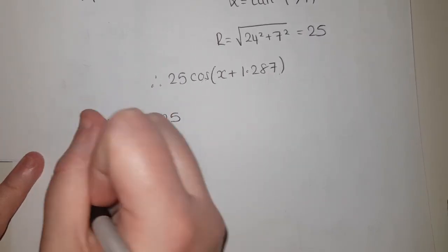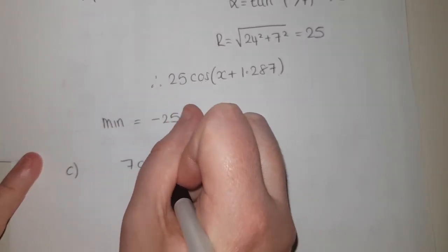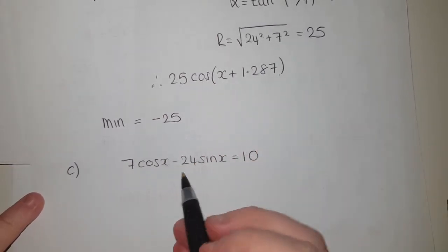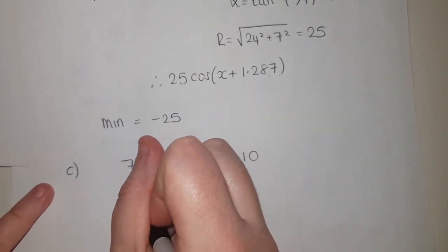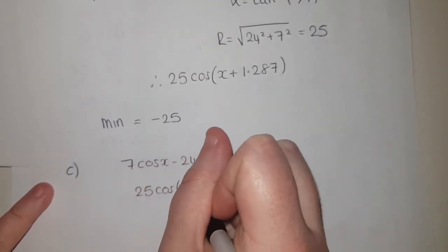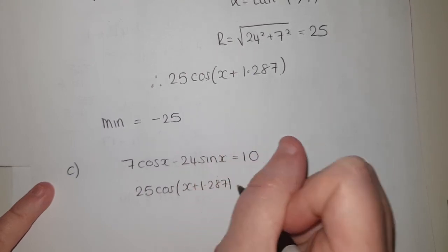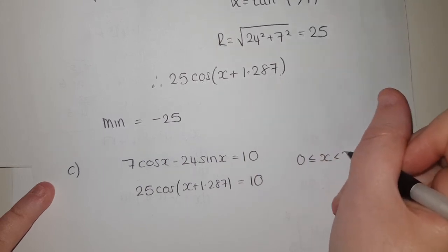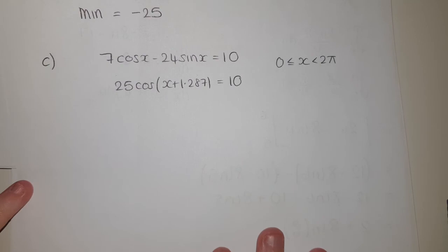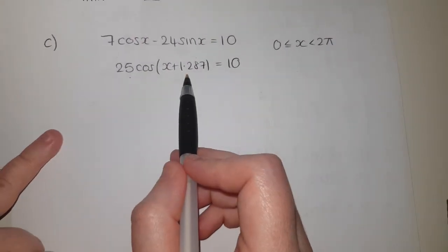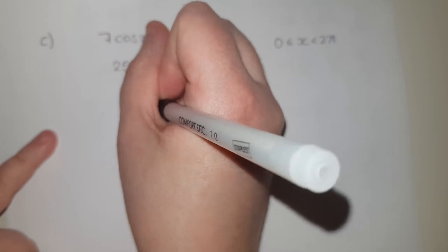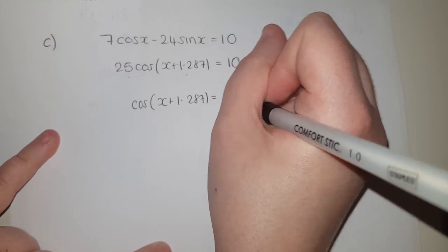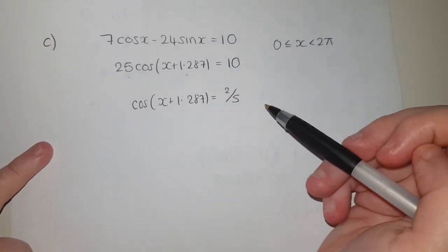Right, part C is solve 7 cos x minus 24 sine x equals 10. So we've just said that this can be written as 25 cos of x plus 1.287. And we're solving between 0 and 2 pi. So because we've said we can write it like this, first thing I'm going to do is divide by 25. 10 divided by 25, you're just going to get 2/5.